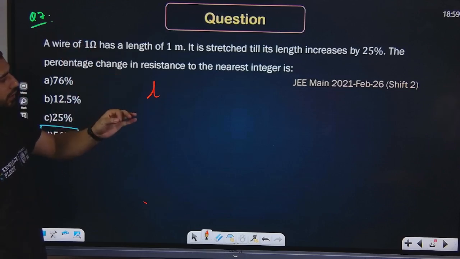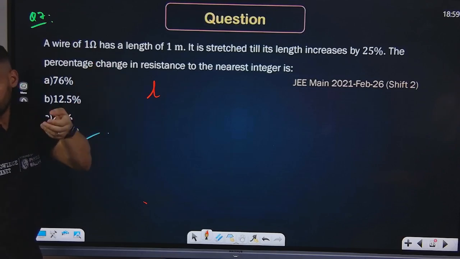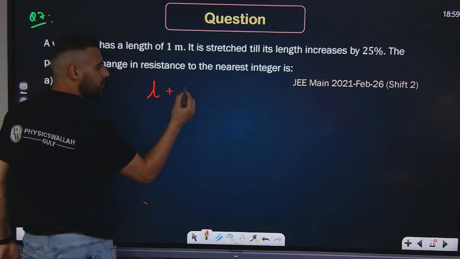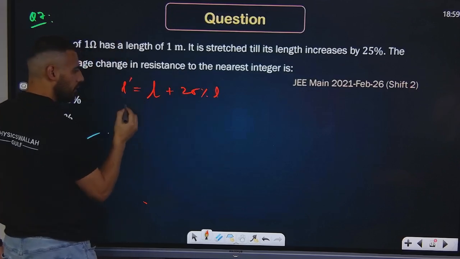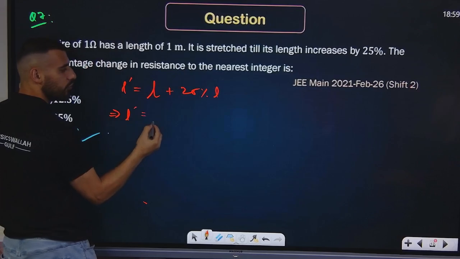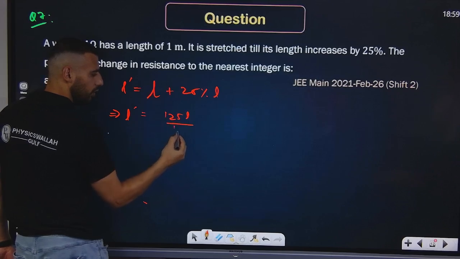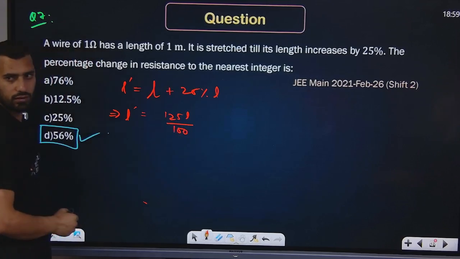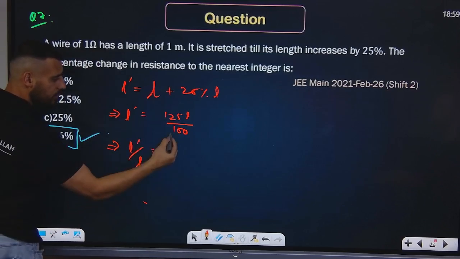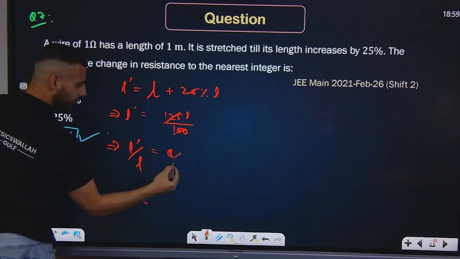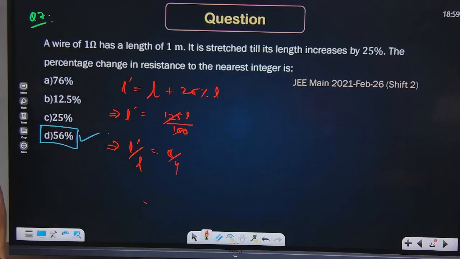It is stretched till its length increases by 25%. So that means new is L plus 25% of L. This is L dash, which implies L dash is equal to 125 L over 100. What is N? It is L dash by L, right? So it is 5 by 4. Is that fine? So you got N.